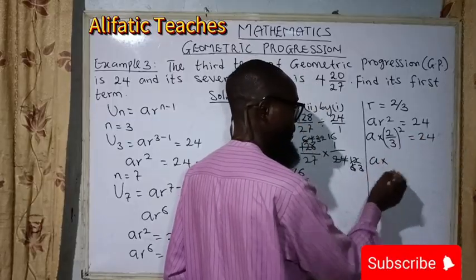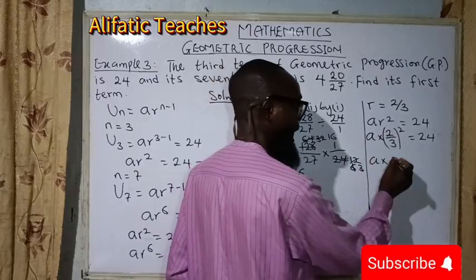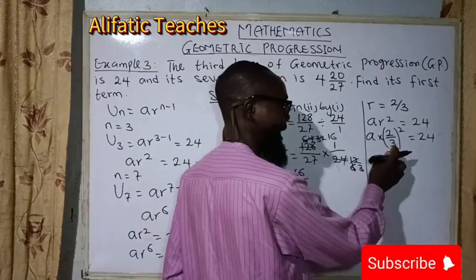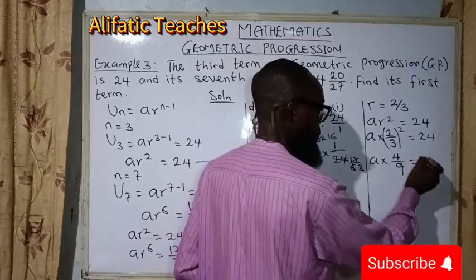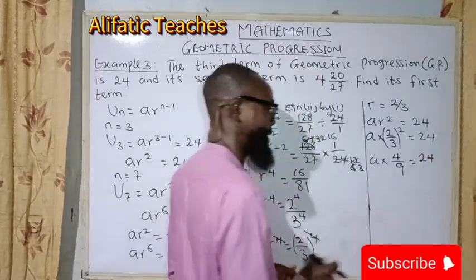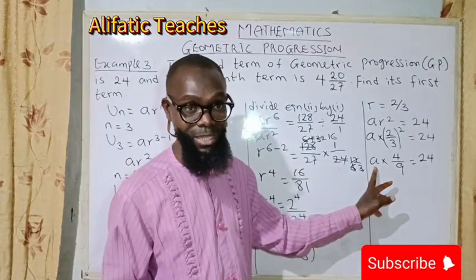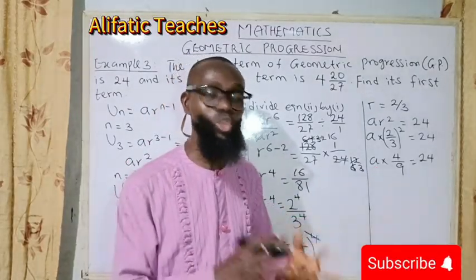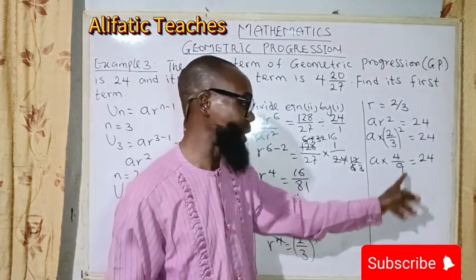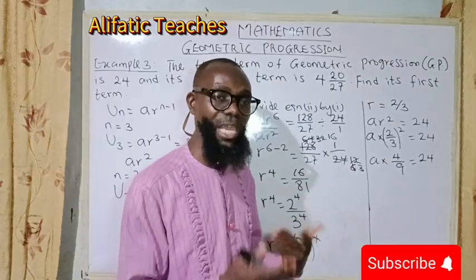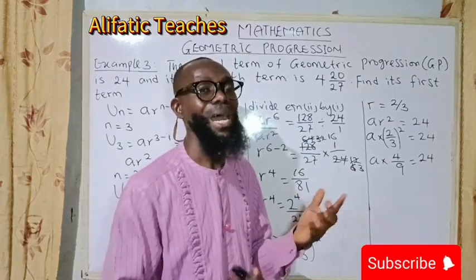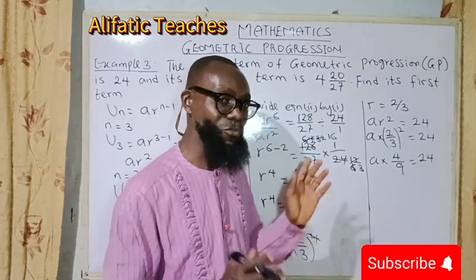So A multiplied by 2 times 2, I have 4, over 3 times 3, I have 9, equals 24. Now, what is the next thing to do? I want to look for my A, and my A is being joined together with 4 over 9 by multiplication. So the inverse of multiplication is division. I have to divide both sides by 4 over 9.